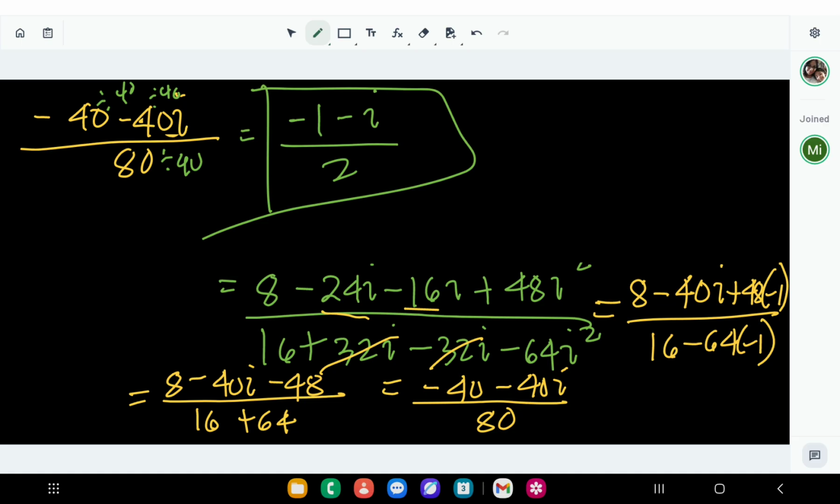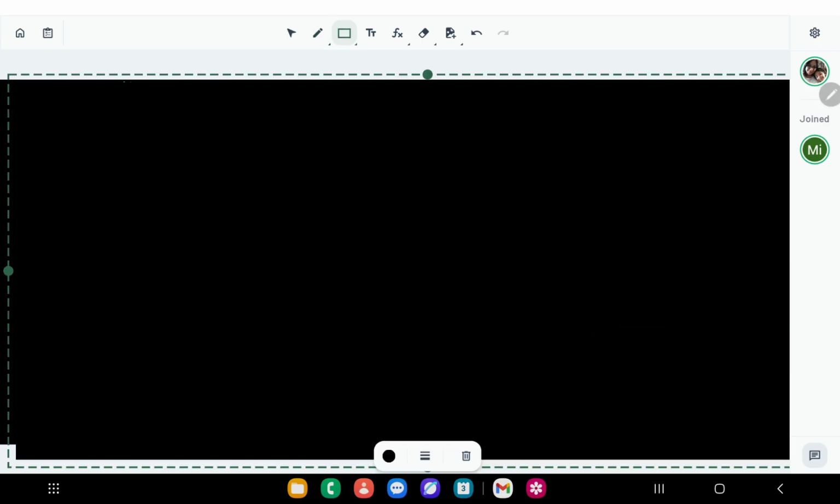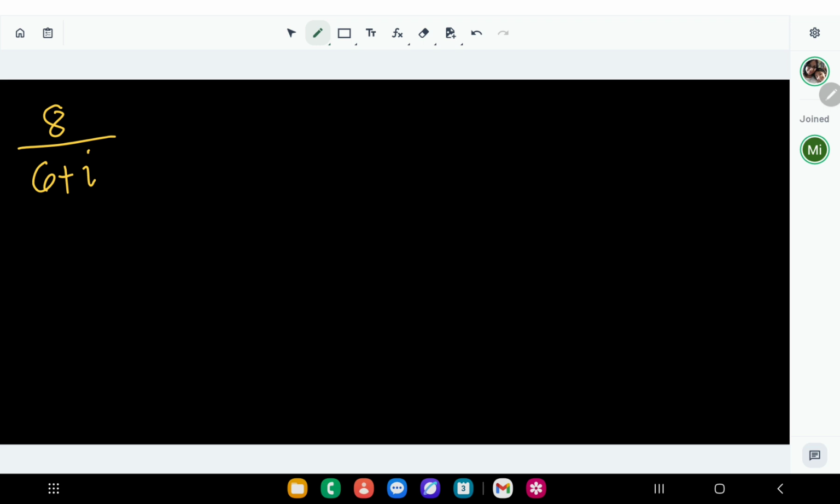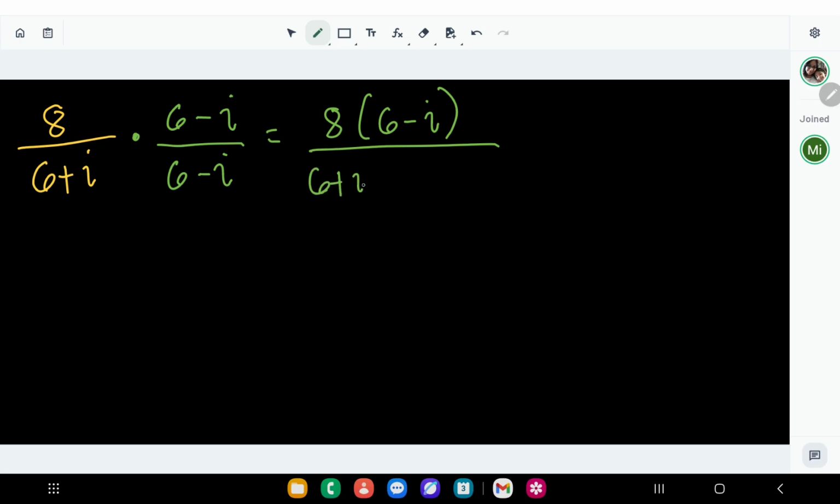So what if you're given this one? 8 over 6 plus i. So what are we going to do here? Okay, that's right. So we multiply by the conjugate. So this would become 8 times 6 minus i over 6 plus i times 6 minus i.